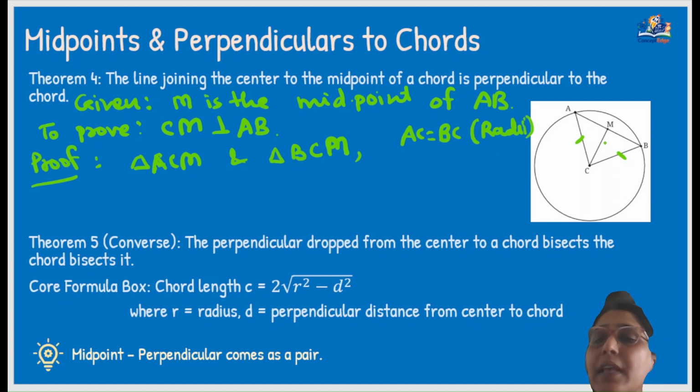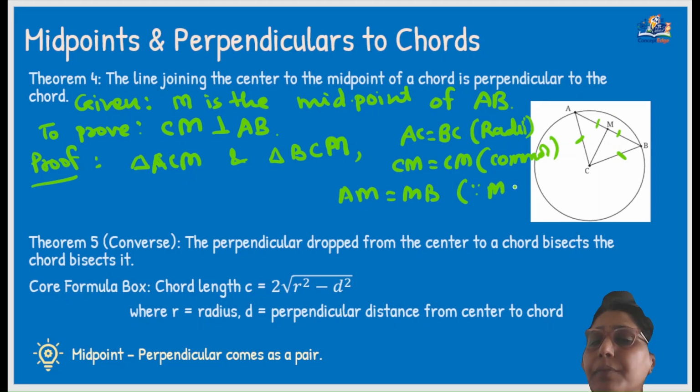Then CM is common, CM equals CM. And AM equals MB, because M is the midpoint.